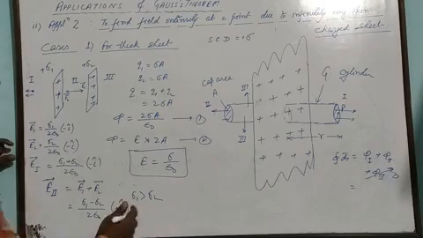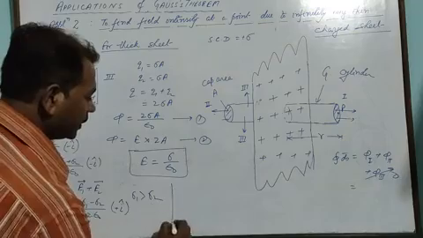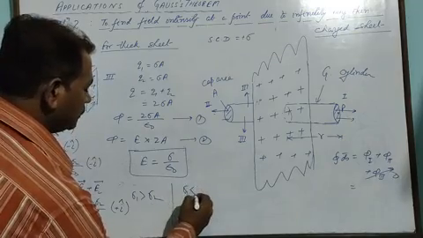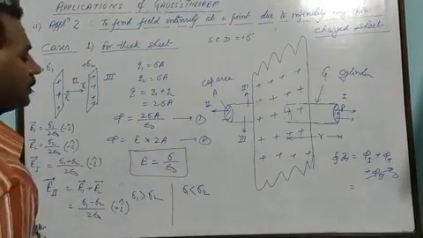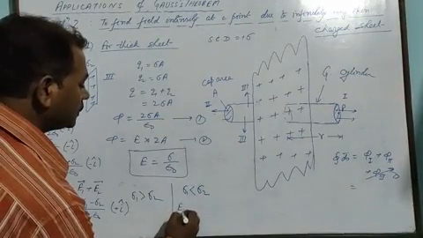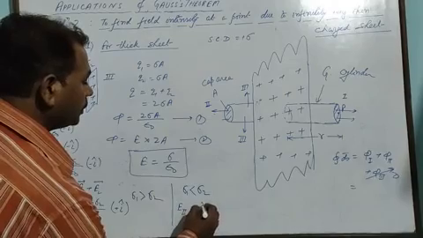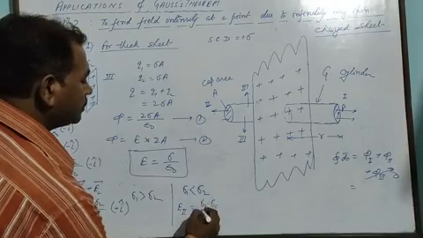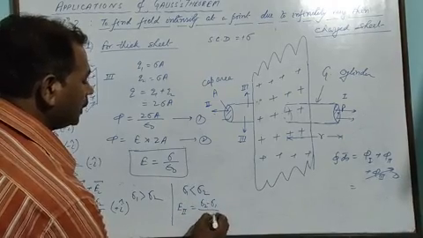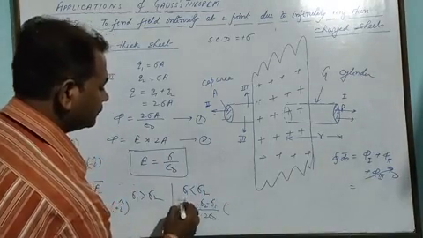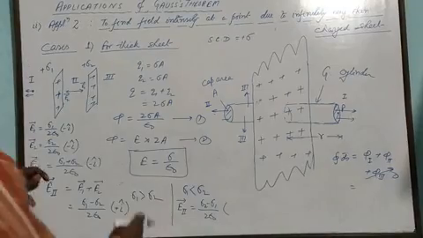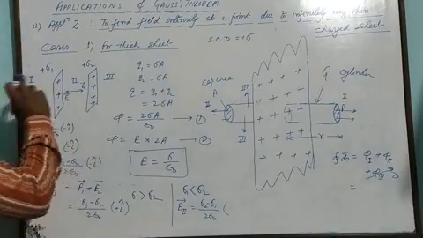If sigma 2 is greater than sigma 1, in that case it will be sigma 2 minus sigma 1 by 2 epsilon naught, and the direction will be of sigma 2. That means whatever direction E2 has, the same direction will be there.